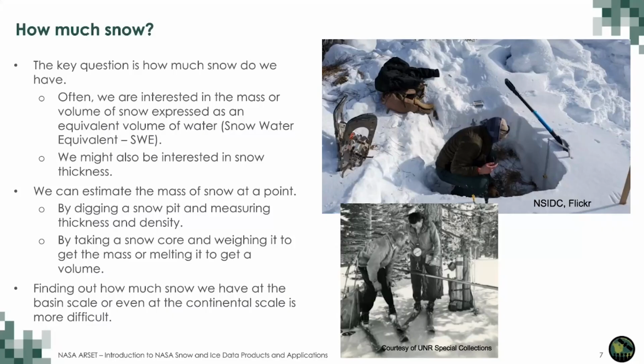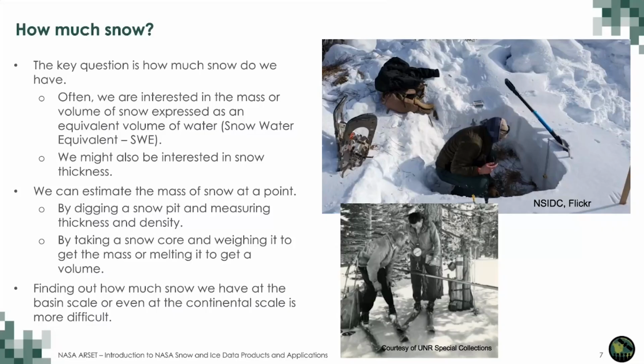And you can see someone doing that here as part of the NASA SnowEx campaign in a snow pit on the Grand Mesa in Colorado. You can see they've used a density cutter to cut into the snowpack and measure density, and measuring the thickness of snow there as well.